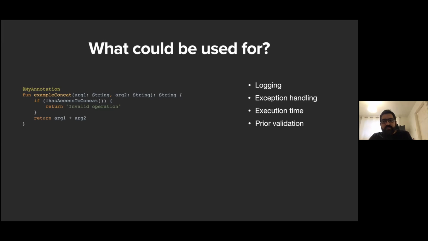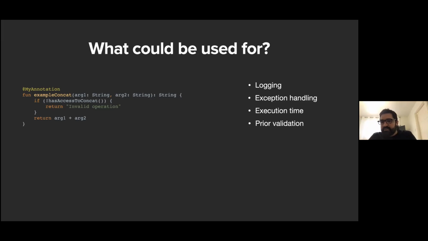So you want only authorized, authenticated users to be able to access that code. So you can annotate that function so that it can verify that the user is authenticated before it proceeds. Otherwise, it returns some sort of error.